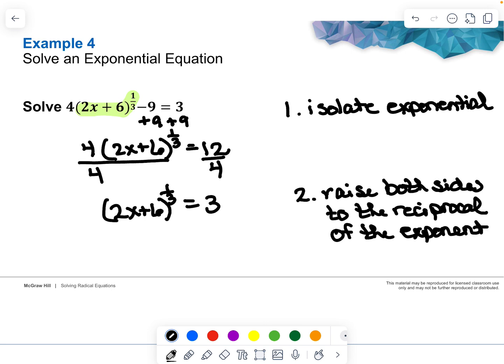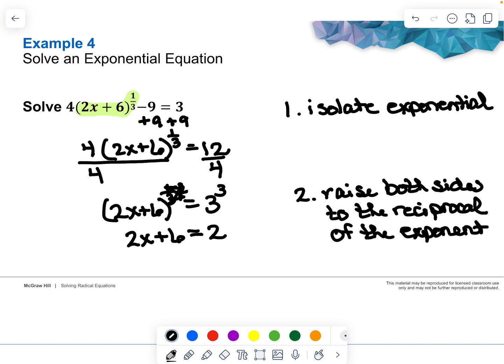So our exponent is 1/3. The reciprocal of 1/3 is 3 over 1, which is the same thing as just 3. And when you do that, 1/3 times 3 is 3/3, which is 1, that cancels. And we have 2x plus 6 is equal to 3 to the 3rd power.